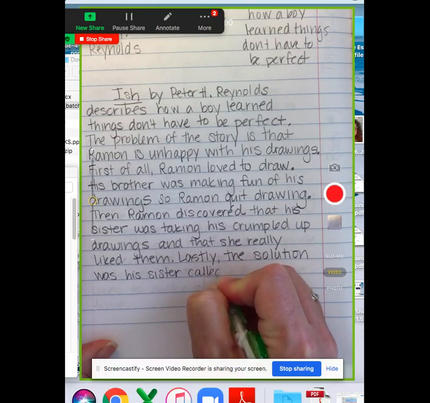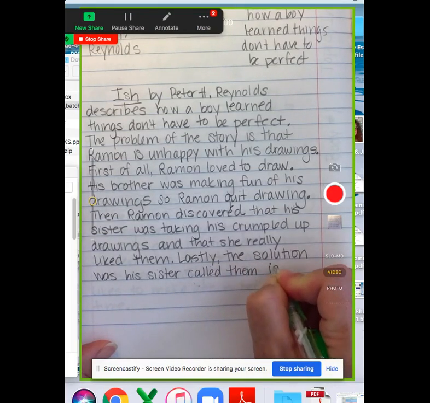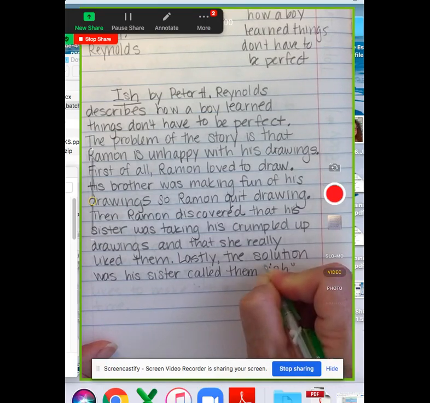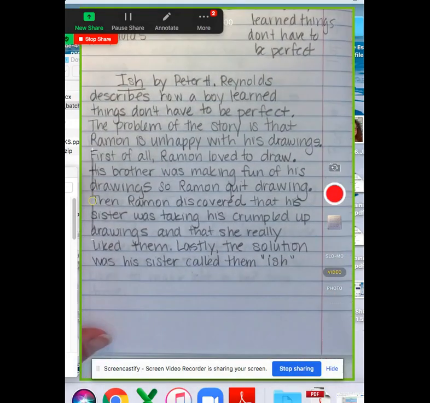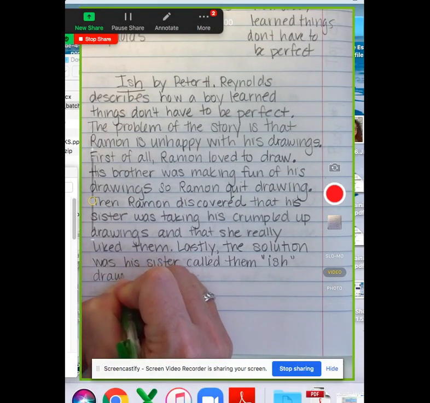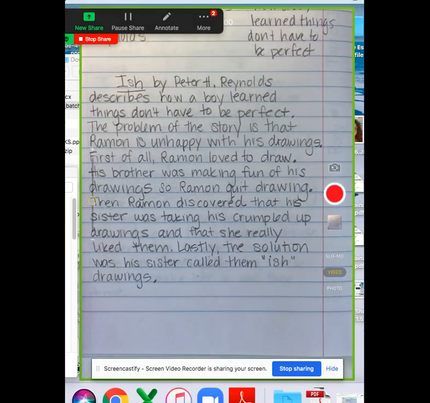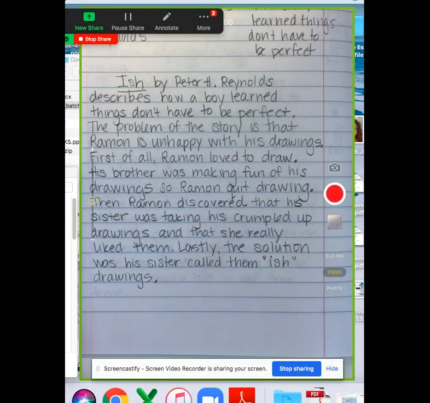Okay. I'm going to put that in quotation marks because it's kind of a unique word. Okay. Great job, Kate and Naya.